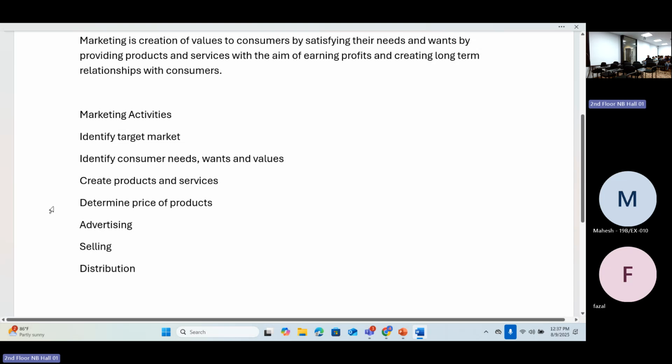So all these activities, and sometimes even the research and development of products, also come under marketing.